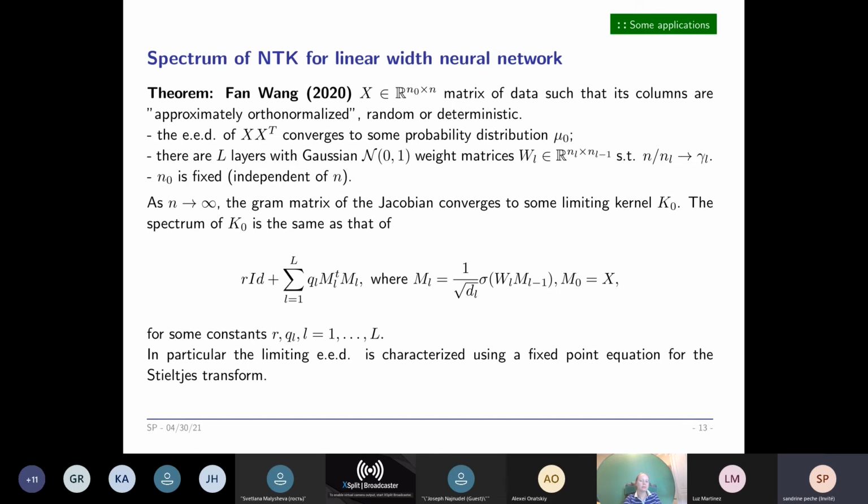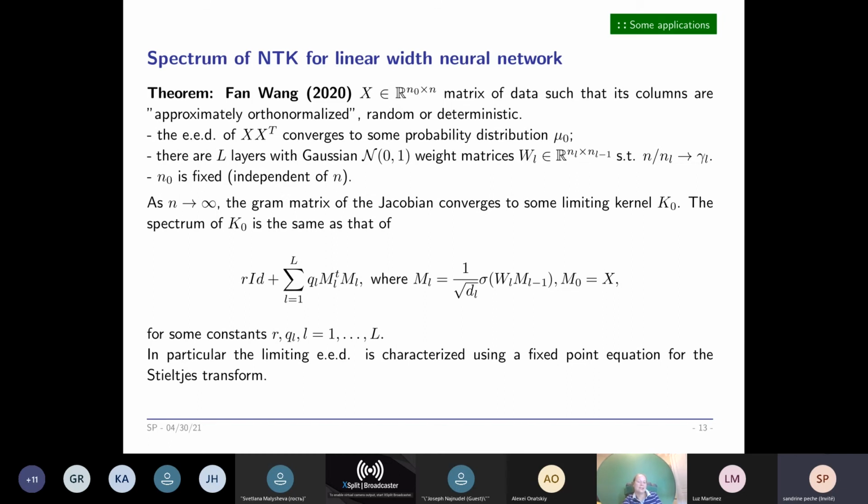And what they show is really the analog of Jacot-Gabriel-Hongler's result, but regarding the spectral properties of the matrix. So as n goes to infinity, the Gram matrix of the Jacobian, which comes from the gradient descent, converges to some limiting kernel K0. So they cannot describe it explicitly.